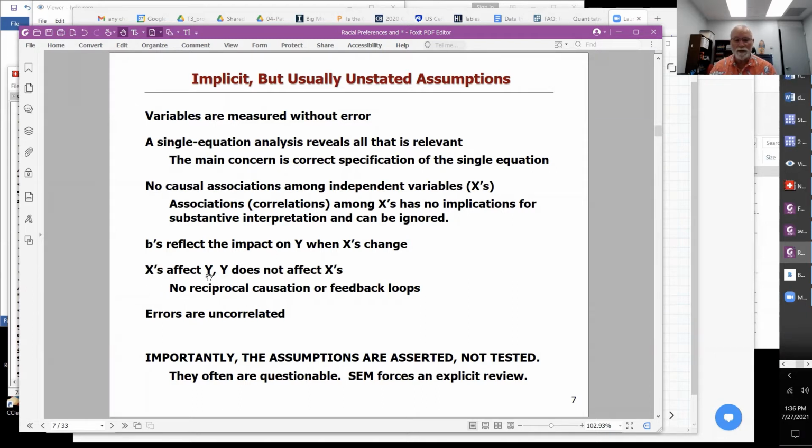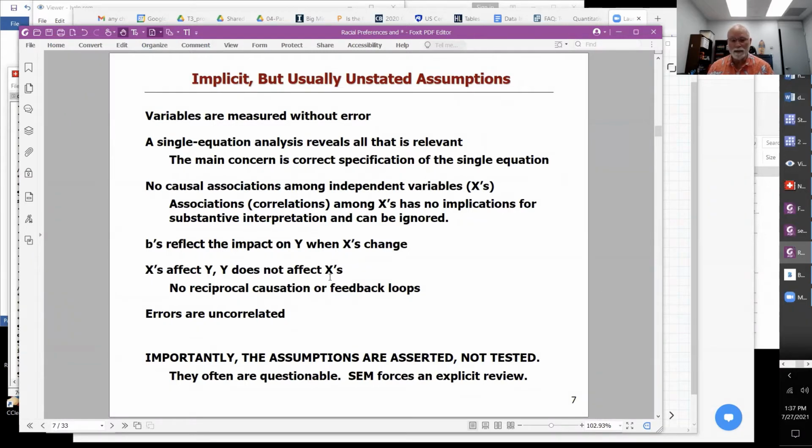We're also assuming that X's affect Y and Y doesn't act back on X. That can be questionable. So that means there's no reciprocal causation. And so reciprocal causation would be simply focusing more narrowly on, does the Y ever act back directly on X?